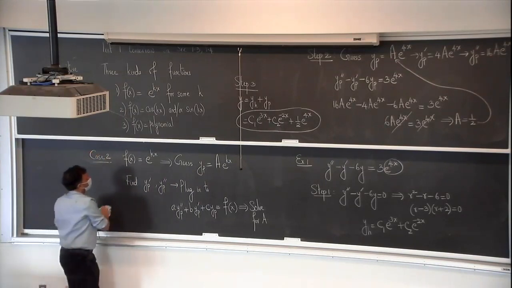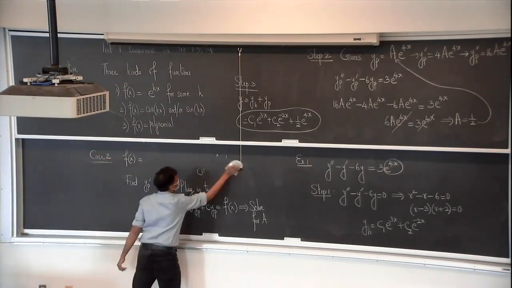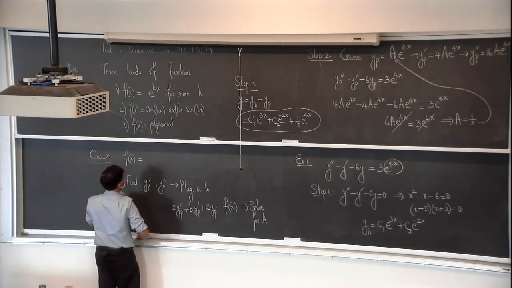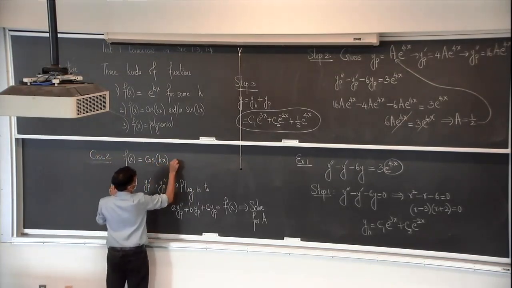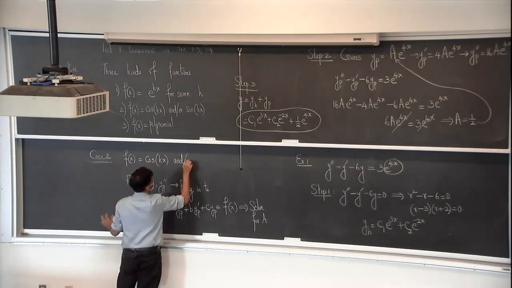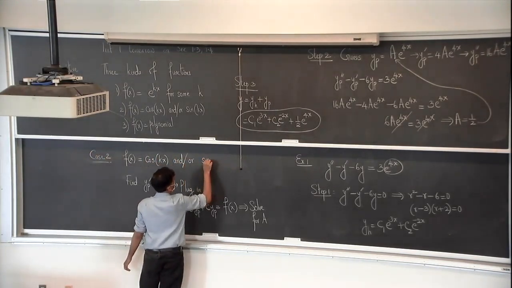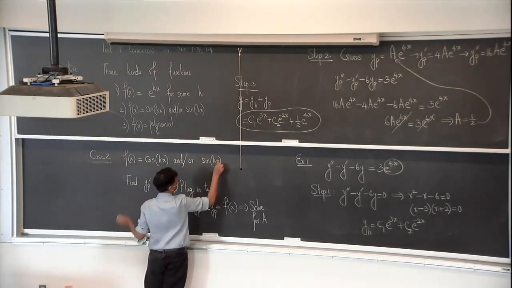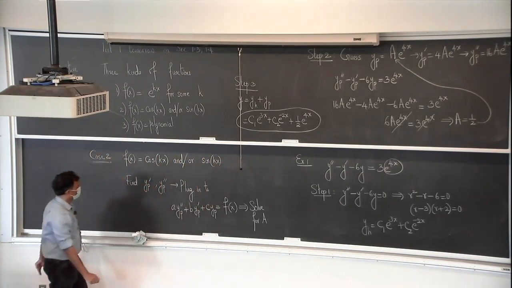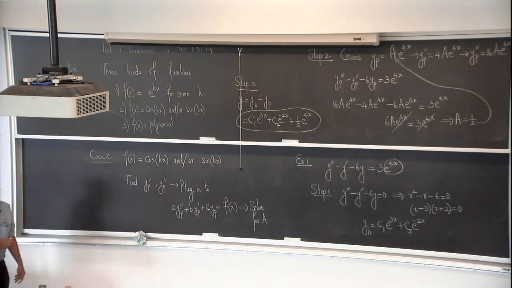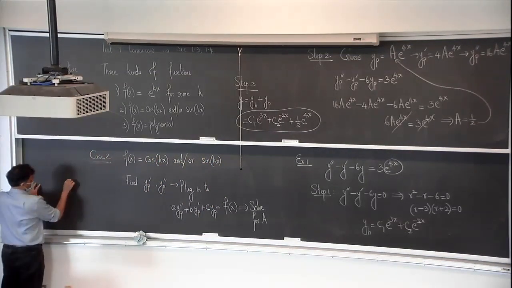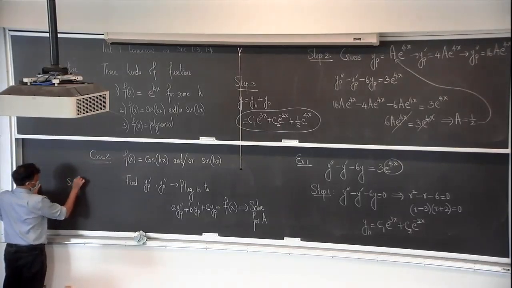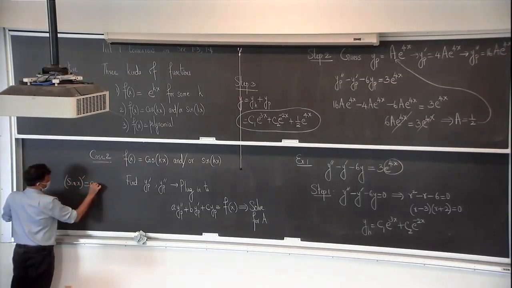Cosine kx and or sine kx. I hope all of you have done enough calculus to know that unlike exponential functions, sine and cosine have a kind of weird behavior: if you take the derivative of sine, it becomes a cosine.